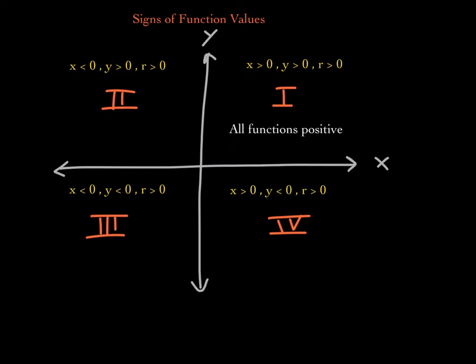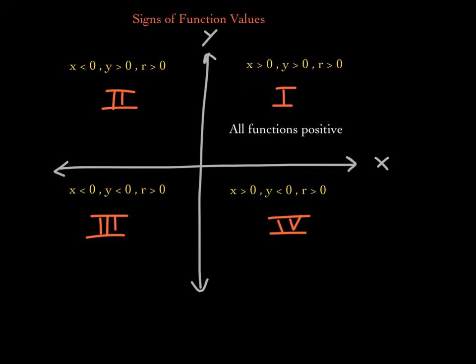Now in quadrant 2, that's not the case. Although r and y are positive, x is negative. So the functions that are defined with x will be negative. So let's see, what would that be? That would be cosine. Cosine is defined to be x over r, so something negative over something positive. So cosine will be a negative value. And then secant will also be negative.